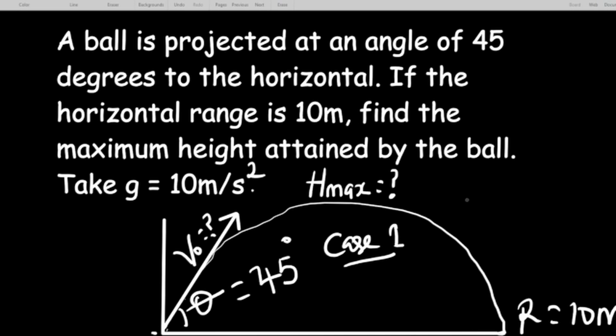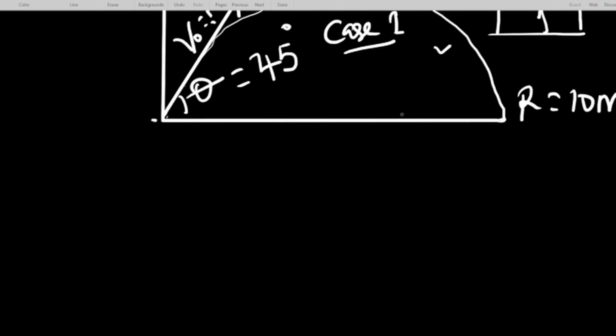For example, suppose we have a cliff, like a hill, and the ball is projected from the hill and lands on the ground. This case is different from case 1. The general formulas for case 1 only work for case 1. They don't apply here. And I'm going to show you the formulas that I'm talking about.